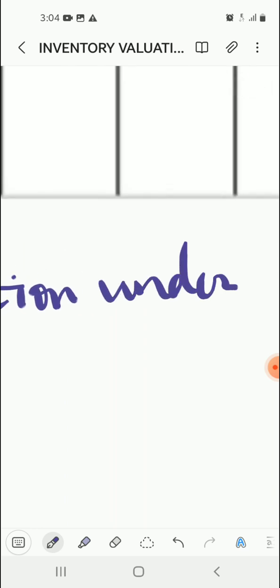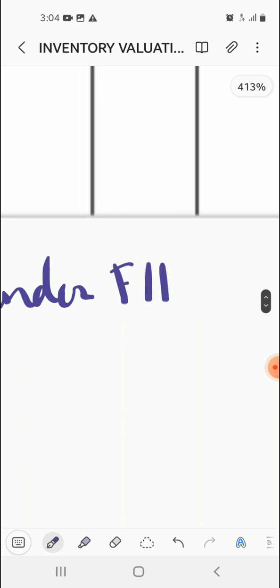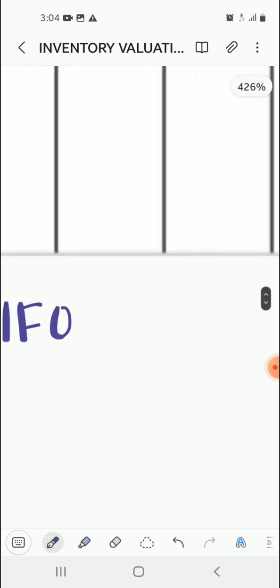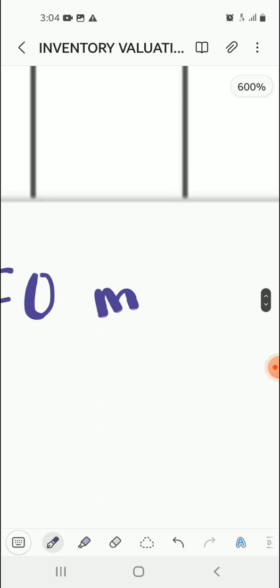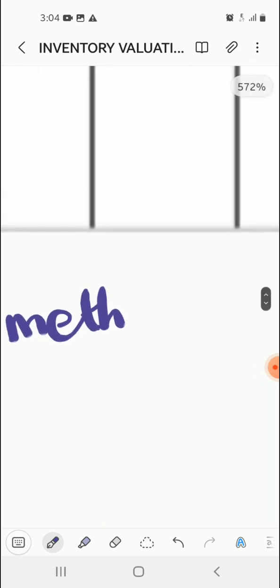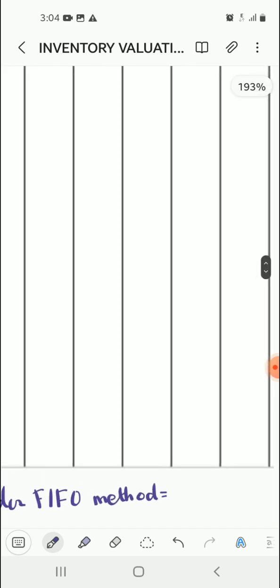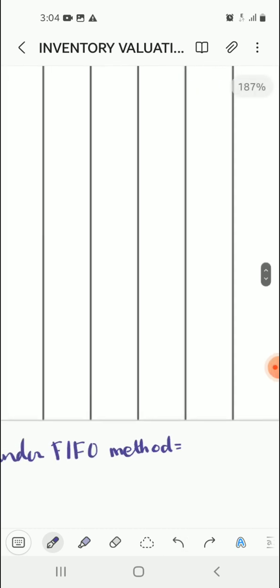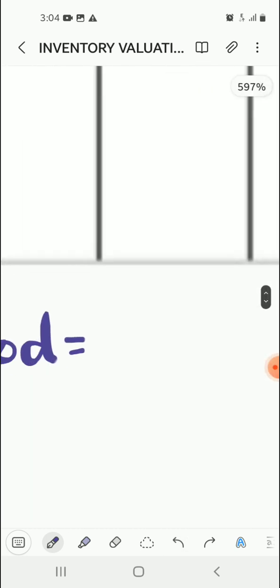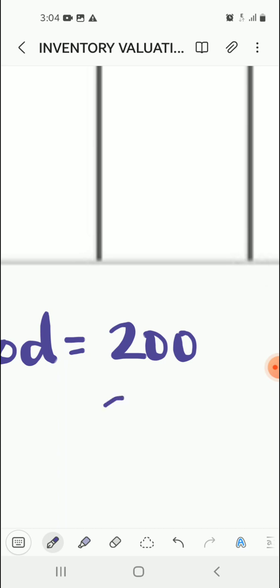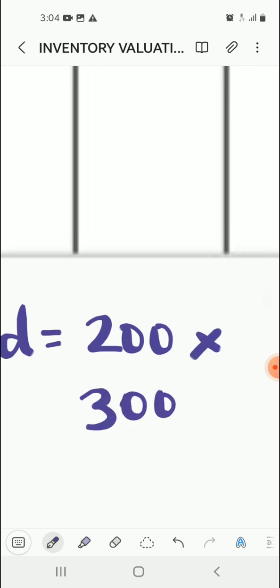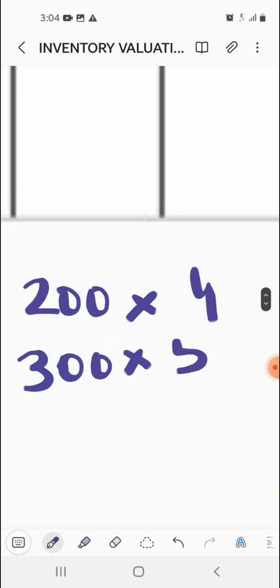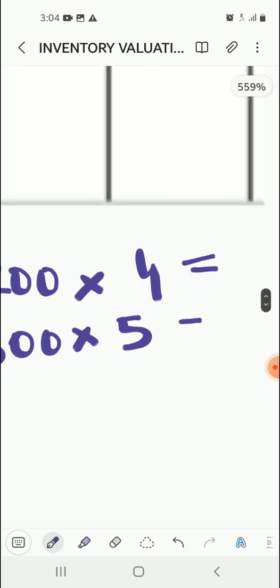So under the FIFO method, see, the last two lots that we are left with: 200 and 300. 200 units of 4 rupees and 300 units of 5 rupees. All other previous lots are over.